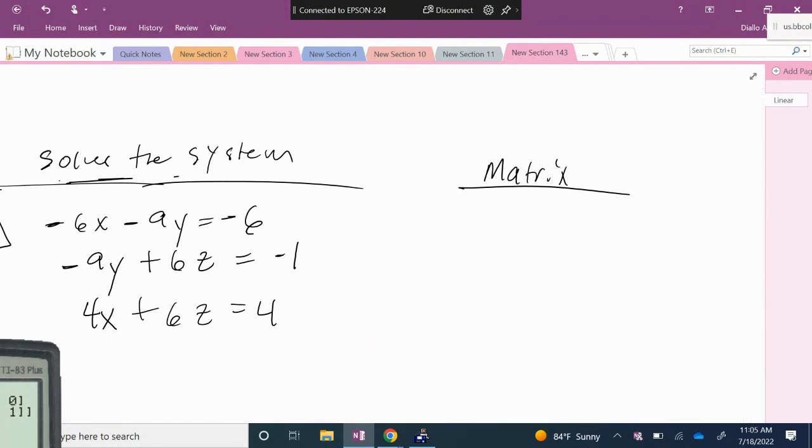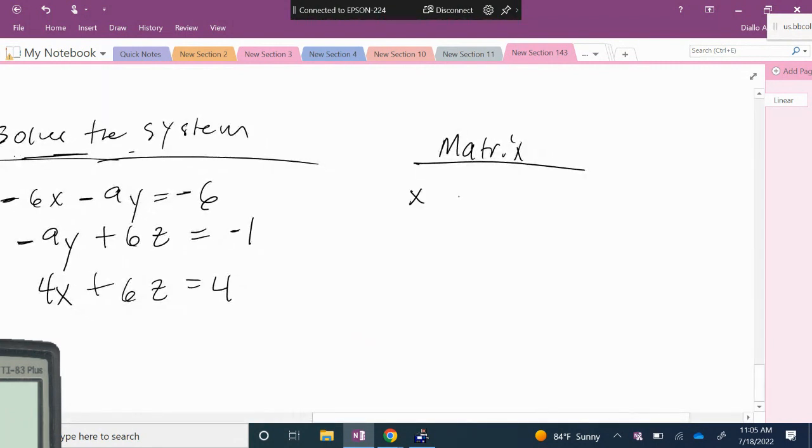In the second equation, we have a y variable and a z variable. -9y plus 6z is equal to -1. And in the last equation, we have an x variable and a z variable. Right. So we actually have an x, a y, a z, and we have something set to equal. So this was actually a 3 by 4 matrix. Right. So if you're missing any variables, you must put in a filler 0.